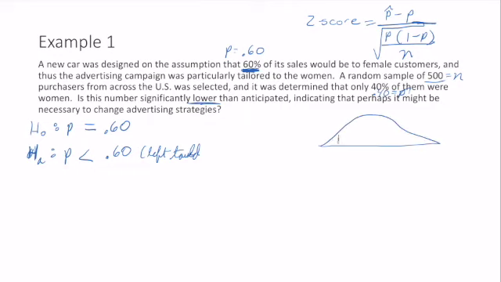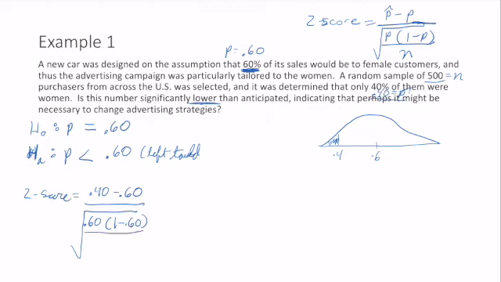So we're going to be looking for the area in our left tail. So here's 0.6, here's 0.4. What's the area over here? So I'm going to do that by finding my z-score. My z-score is going to be my sample proportion of 0.40 minus 0.60 over the square root of 0.60 times 1 minus 0.60 over our sample size, which was 500.